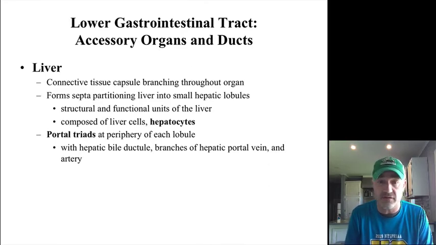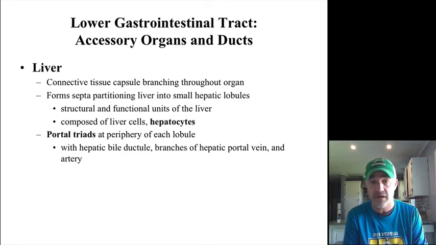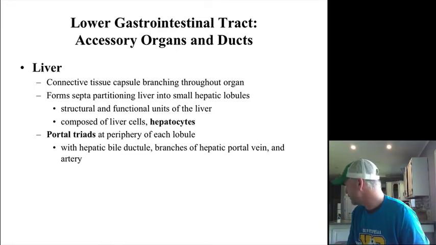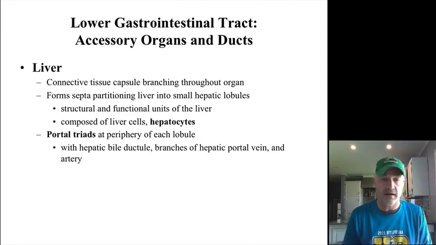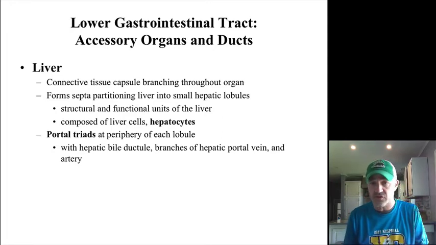The liver cells are referred to as hepatocytes. These are generally simple cuboidal epithelium, and we're going to see these what are called portal triads that have some of the different tubes of some of this here.